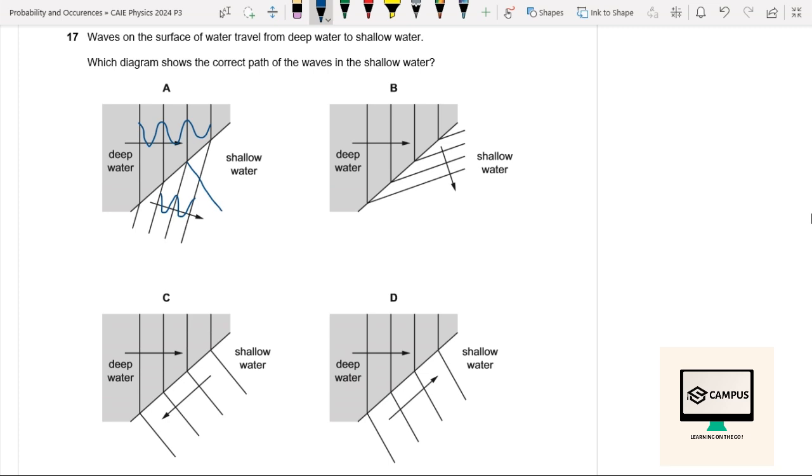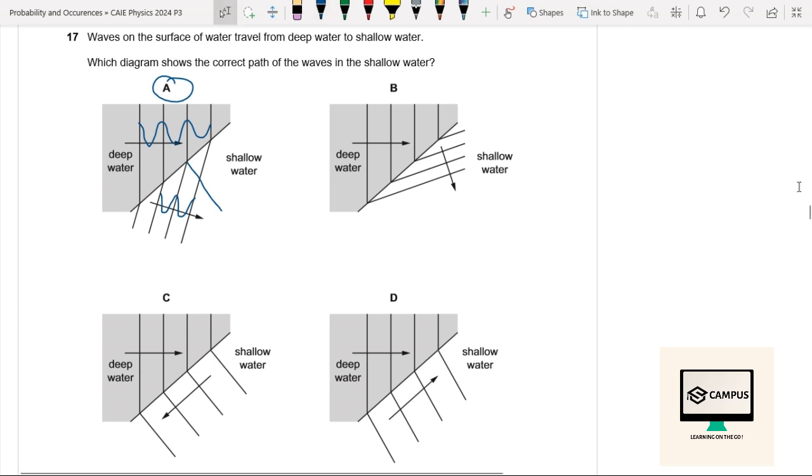So this wave is moving towards the normal, right? So it happens to be the right answer. If you look at others, I'm not going to be drawing all those due to shortage of time. But yeah, 17A is the right answer. When the wave is moving into a medium of slower speed, where it slows down, it moves towards the normal.